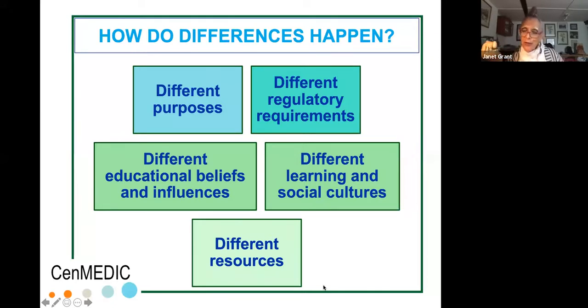Different educational beliefs, different educational influences, different learning and social cultures, different resources. So all of these things have an effect on medical schools and therefore on medical school curricula.